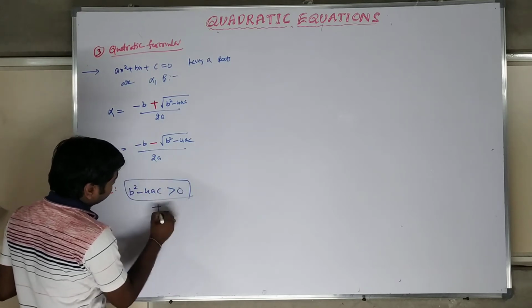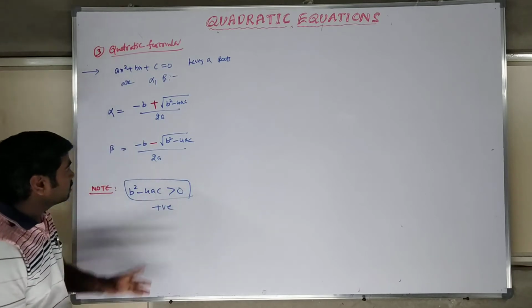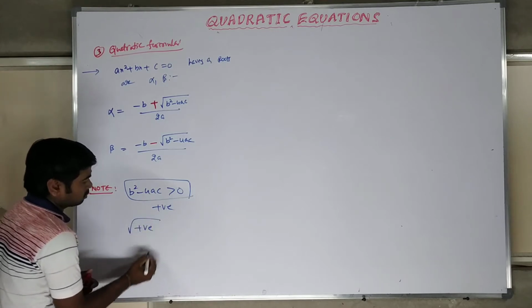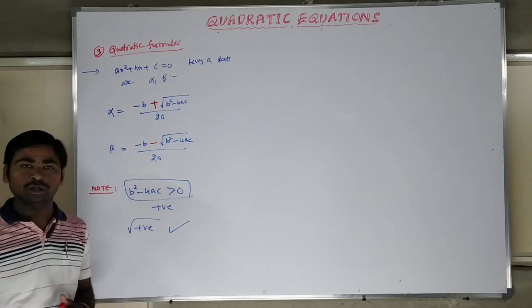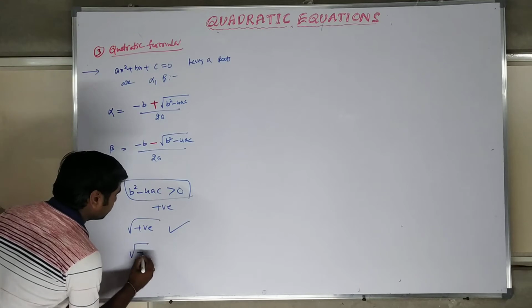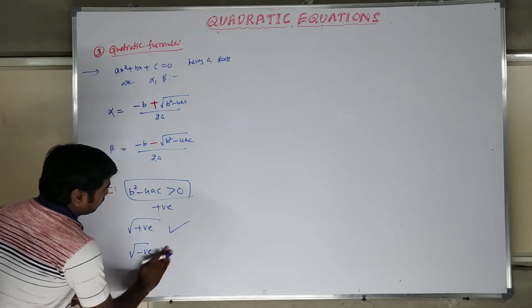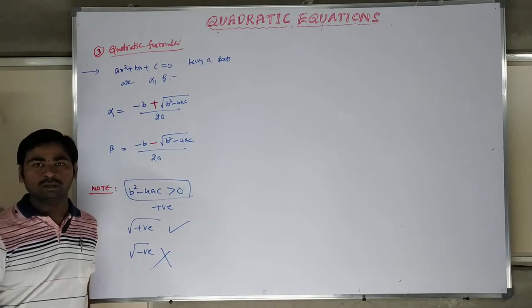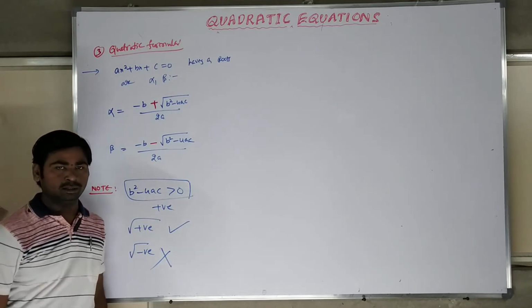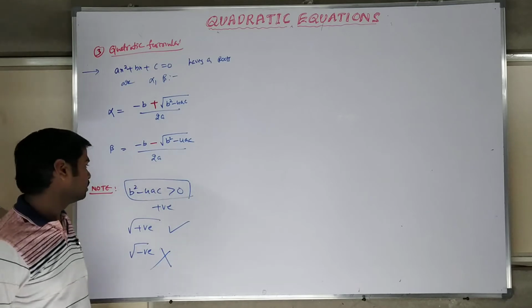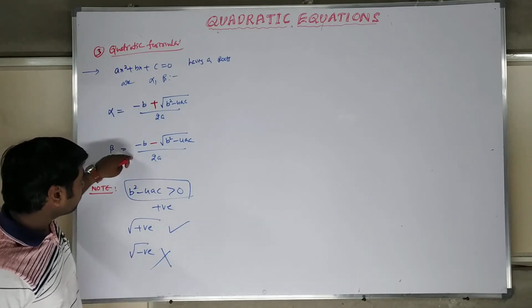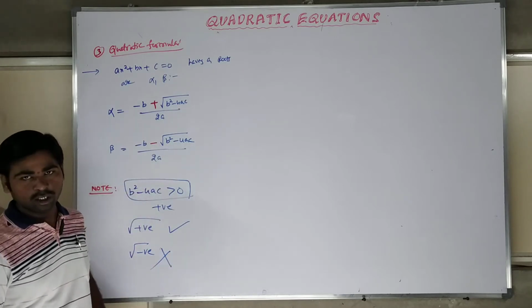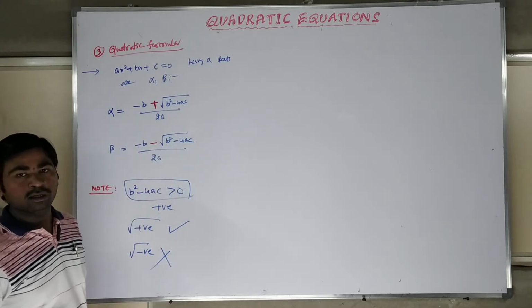It should be positive, because the term under the root must be positive. If it is negative, we cannot apply these formulas because a complex number will be created. That we will learn in higher studies, the intermediate classes. I think it is very clear. When applying the formula, please check that b square minus 4ac is more than 0. It should not be negative. Then start applying.